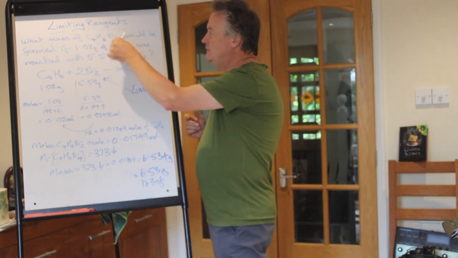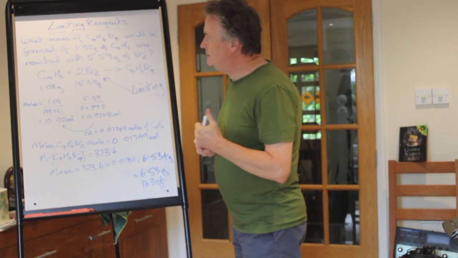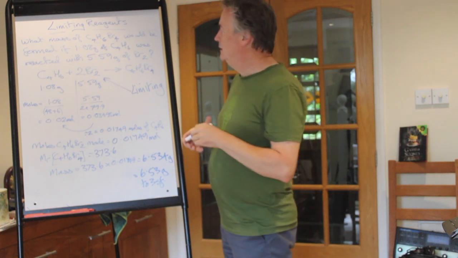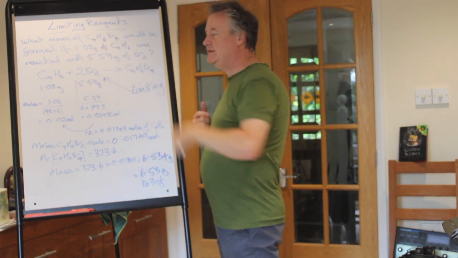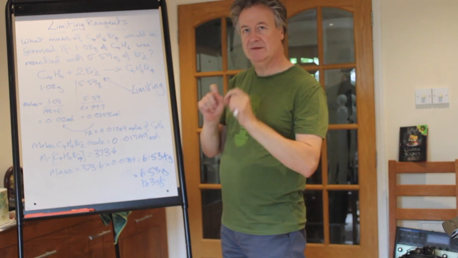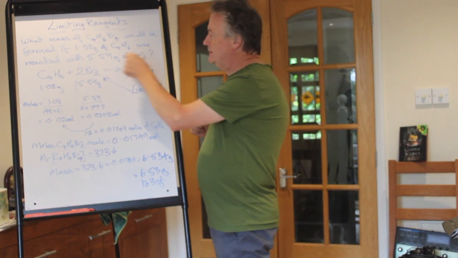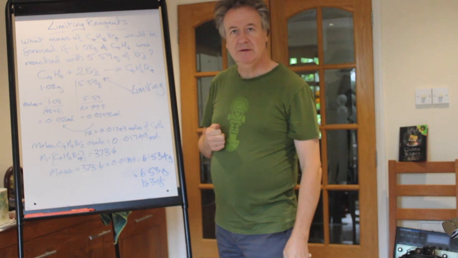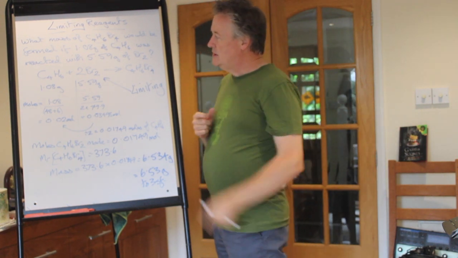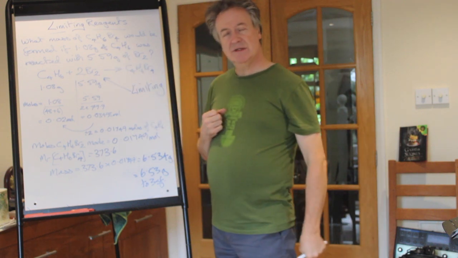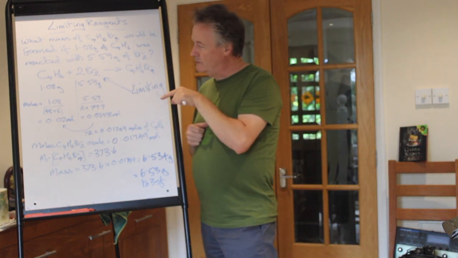What mass of C4H6Br4 would be formed if they've got these amounts of C4H6, which is a diene, buta-1,3-diene, and a mass of Br2. The equation is there, it takes 2 bromines to react with C4H6, and therefore you get this product.